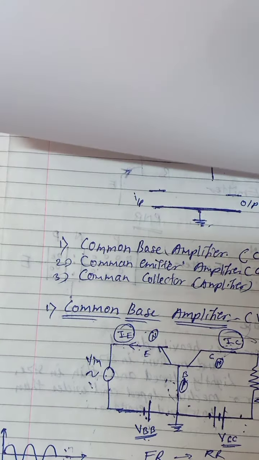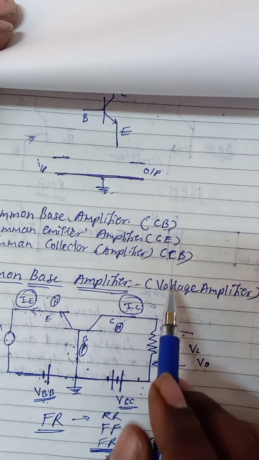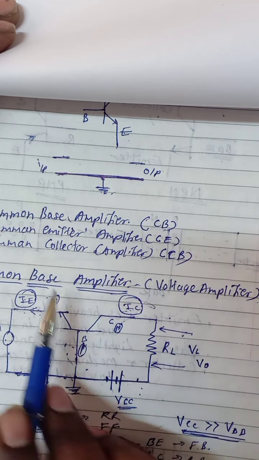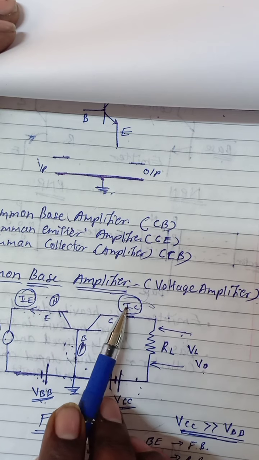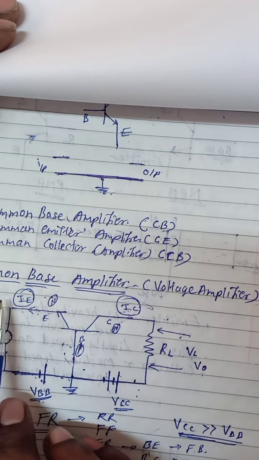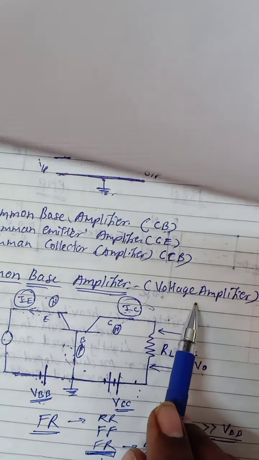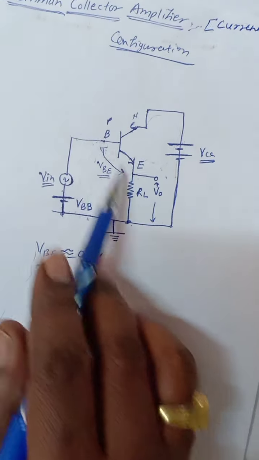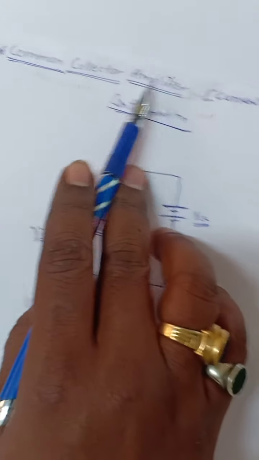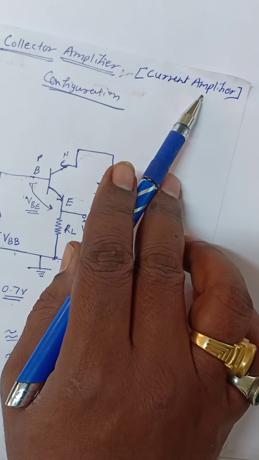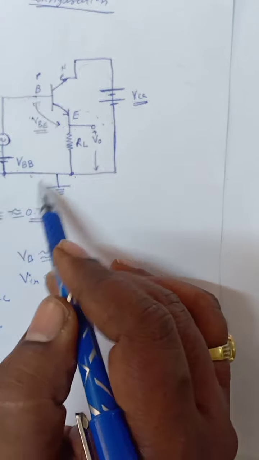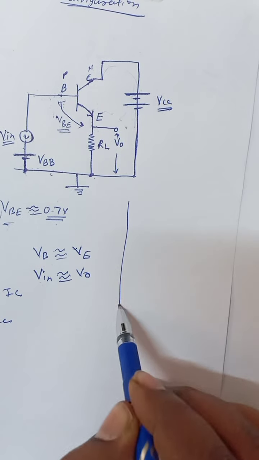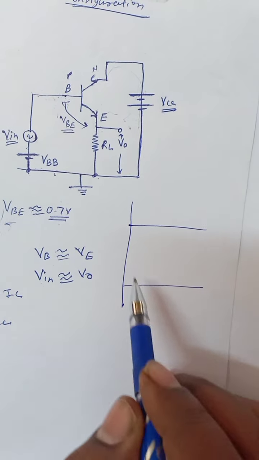Here the common base amplifier is a voltage amplifier, because input and output current are nearly the same, so there is no current amplification, only voltage amplification. But here we get a current amplification, while input and output voltage are nearly the same. There is also no phase inversion.